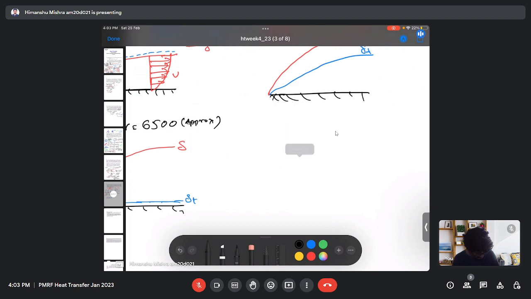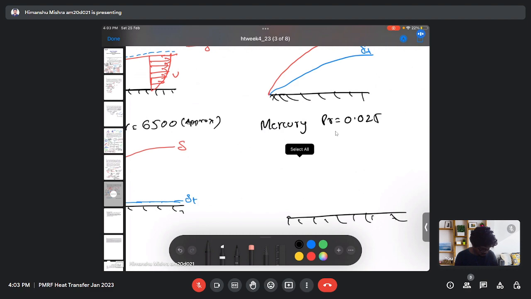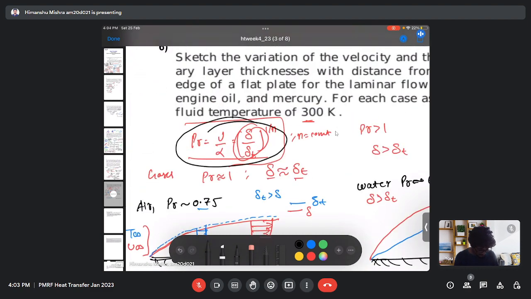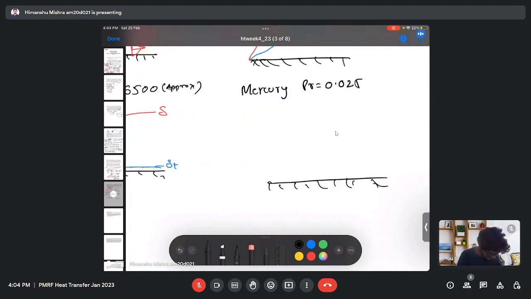And for the mercury, my Prandtl number is 0.025. So again, according to this relation, we can say that my thermal boundary layer will be very much larger than my hydrodynamic boundary layer.